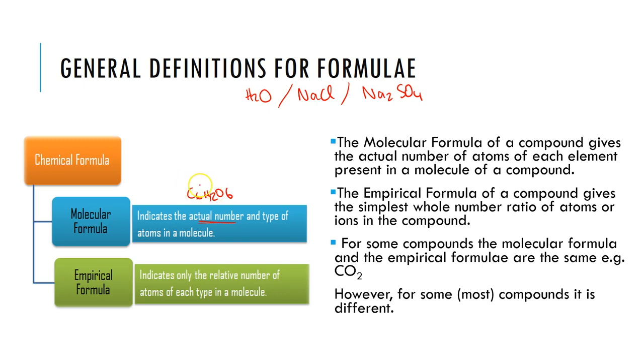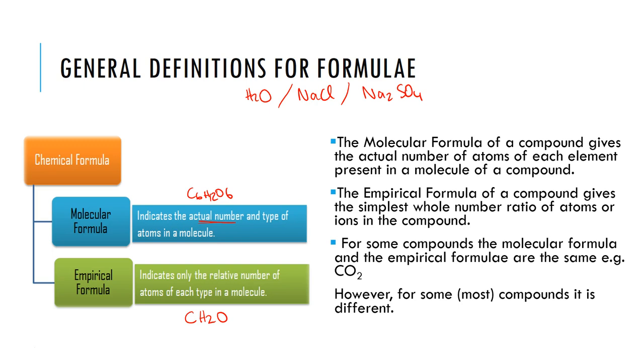So if we look at something like glucose, which is C6H12O6, well, the lowest ratio I could have is actually divide everything by 6, and we would actually get CH2O. Okay, so the molecular formula is the exact actual number of all the type of atoms in the molecule, whereas the empirical formula just gives us the lowest common ratio.